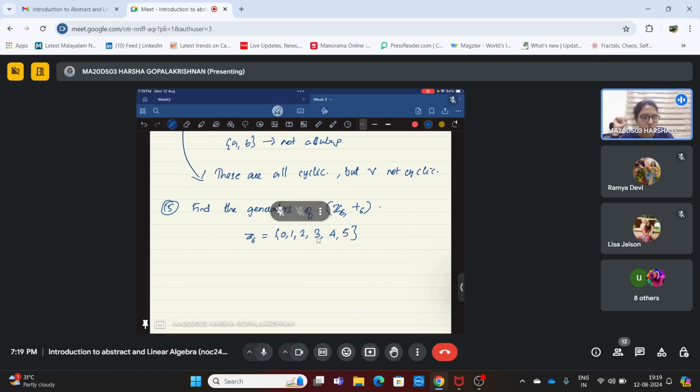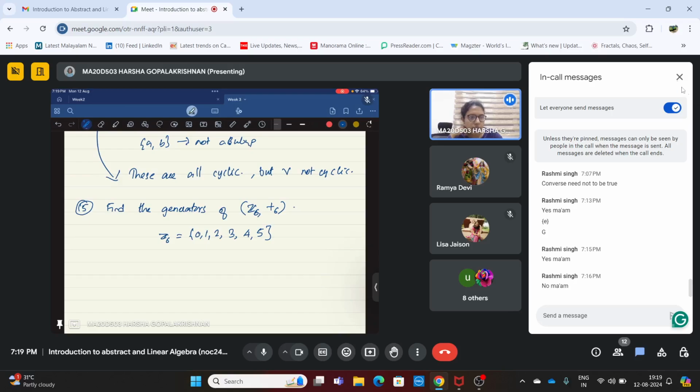We have already discussed what addition modulo 6 is. So the question is, what are all the generators of Z6? Easily you can say one generator. Generator means it should give the full set Z6 if we are constantly adding that element under addition modulo 6.